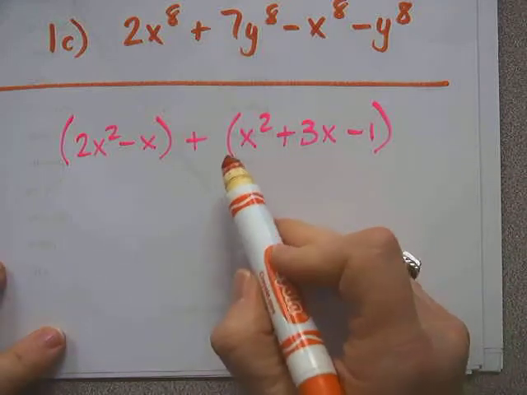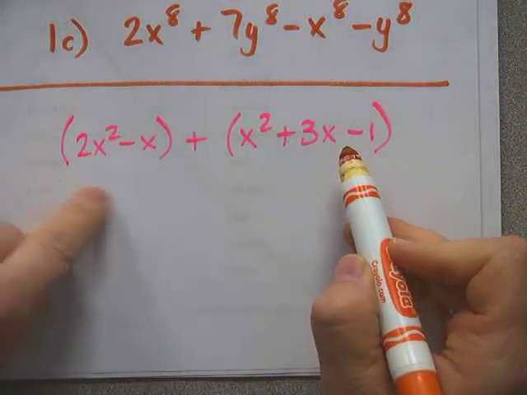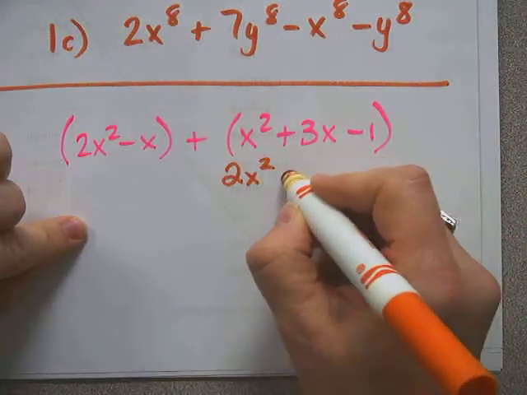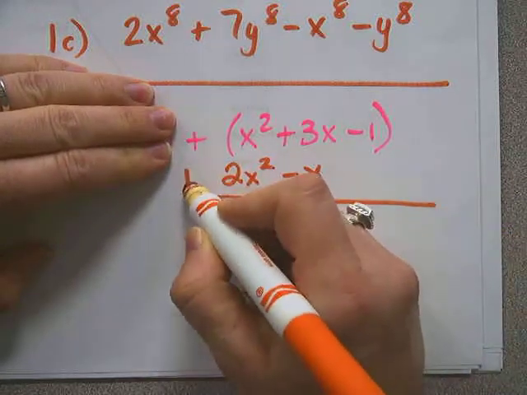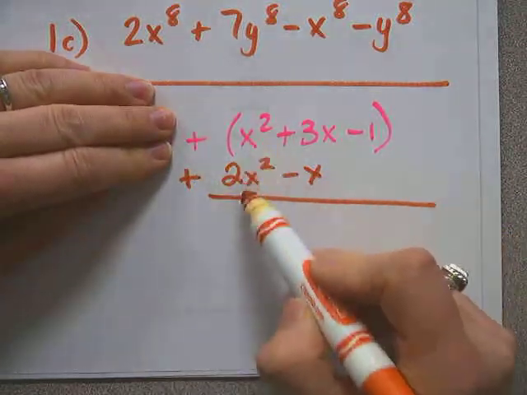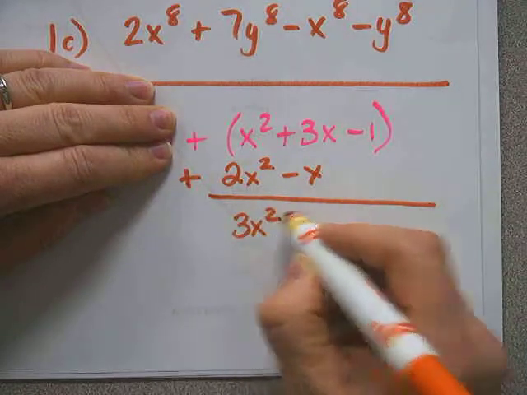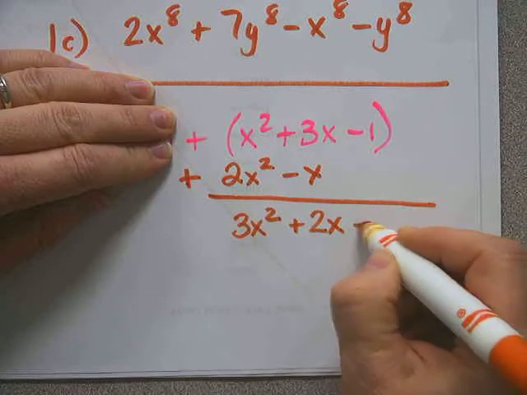So what they would do is they would take an expression like this, and the polynomial they're adding to it, they would rewrite it where they're lining up each of those terms on top of the other, so that you can very easily locate like terms. So this would become 3x squared. 3x minus x is 2x minus 1.